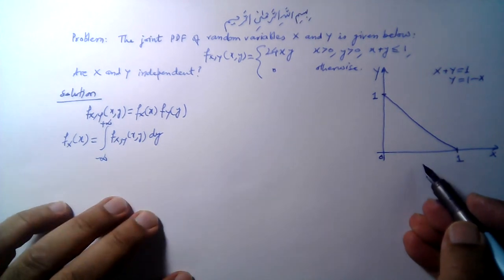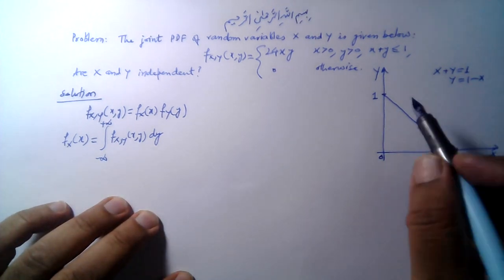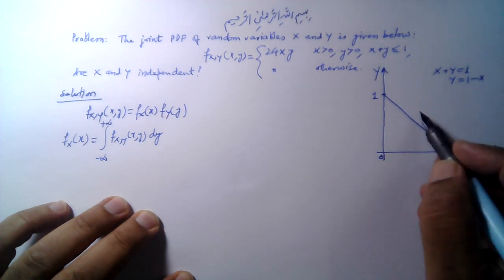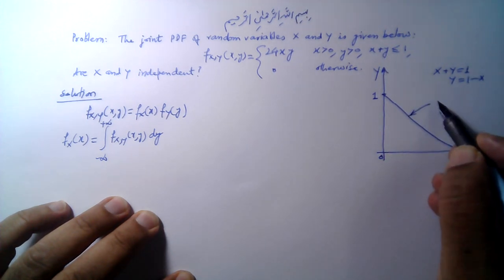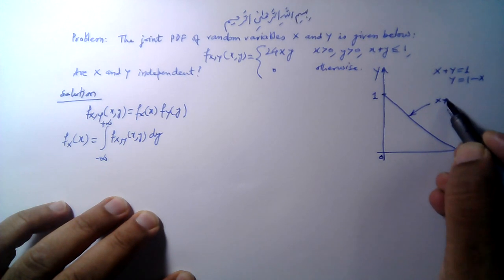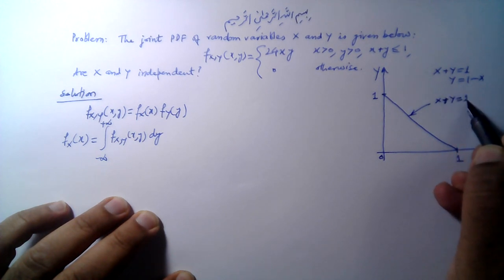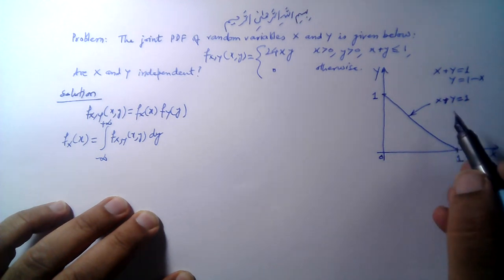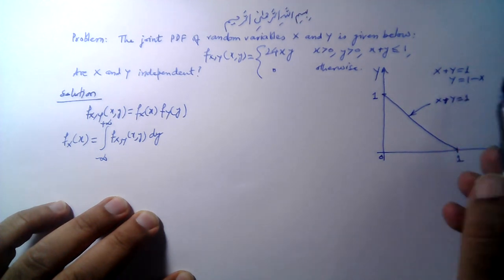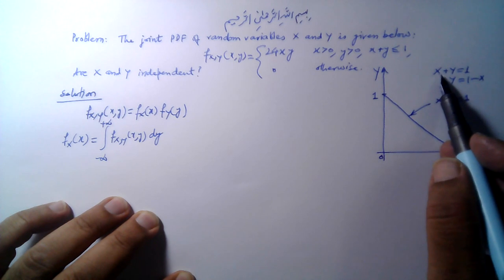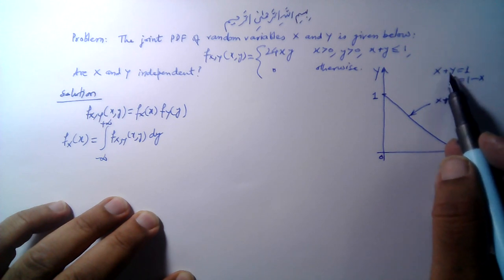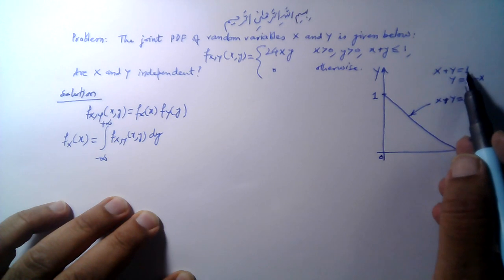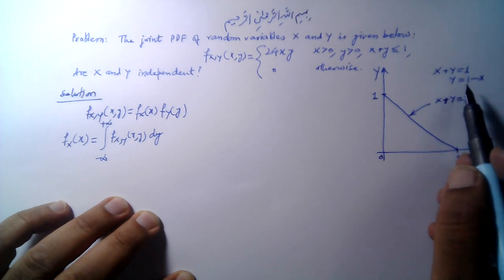So it is now easier to find the region where x plus y is less than or equal to 1. Let's label this line: x plus y is equal to 1. When the combined values of x and y are less than 1, then they could be less than or equal to 1, right?